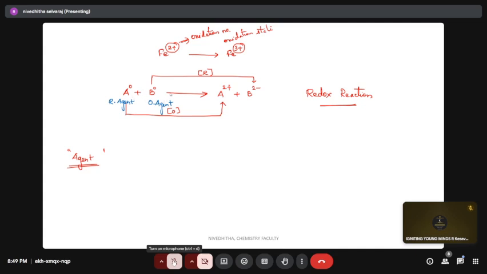You're getting my point? Fine. So the oxidizing agent is the chemical species responsible for the oxidation to occur and it will reduce itself. And the reducing agent is the chemical species responsible for the reduction to occur and it will oxidize itself.